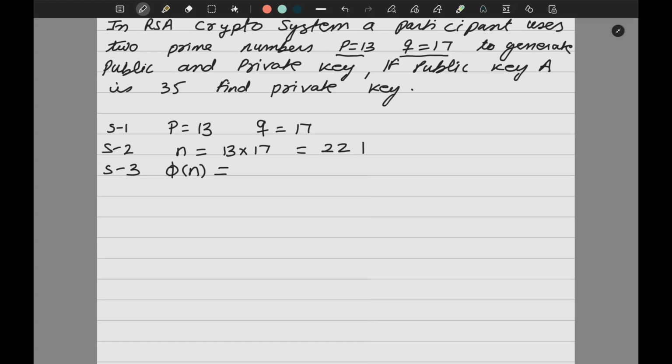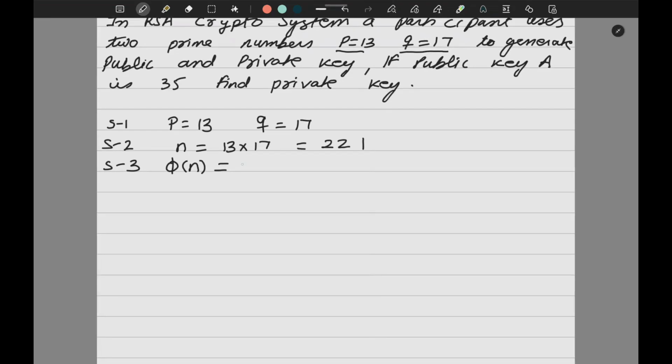So since 13 and 17 both are prime numbers, this will be equal to 12 into 16, which is equal to 192. I have used phi n is equal to n minus 1 when n is prime. That is what I have used here. Okay. Now in the question it has been given that the public key A is 35.